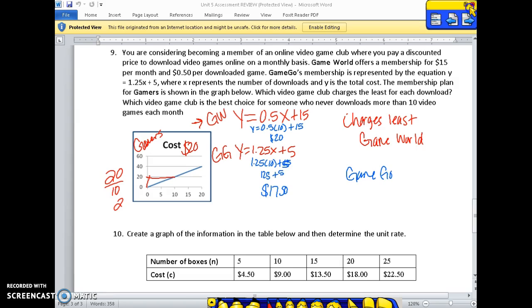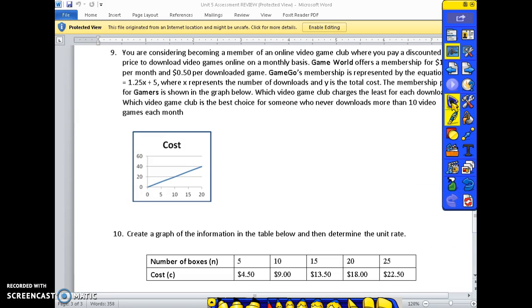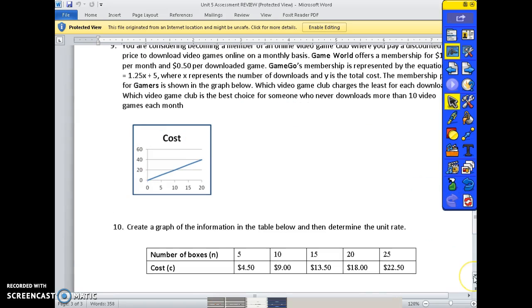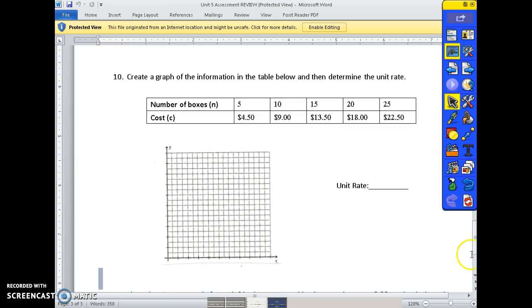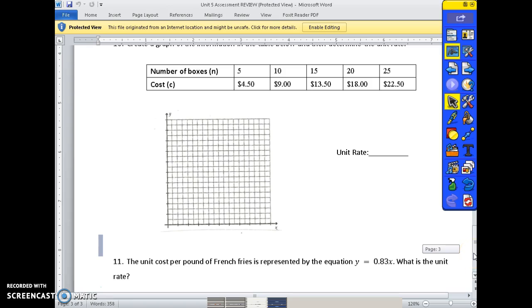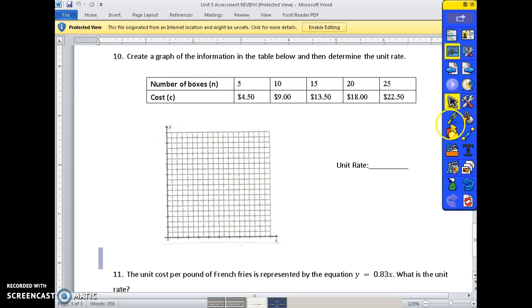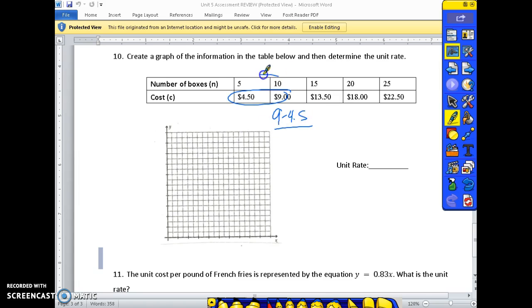Look at number 10. Number 10 asks us to determine the unit rate. Unit rate is just the slope. It's the rate of change. It's the rate at which your graph is going. So to do this, we do 9 minus 4.50 over 10 minus 5, which is 4.50 over 5.